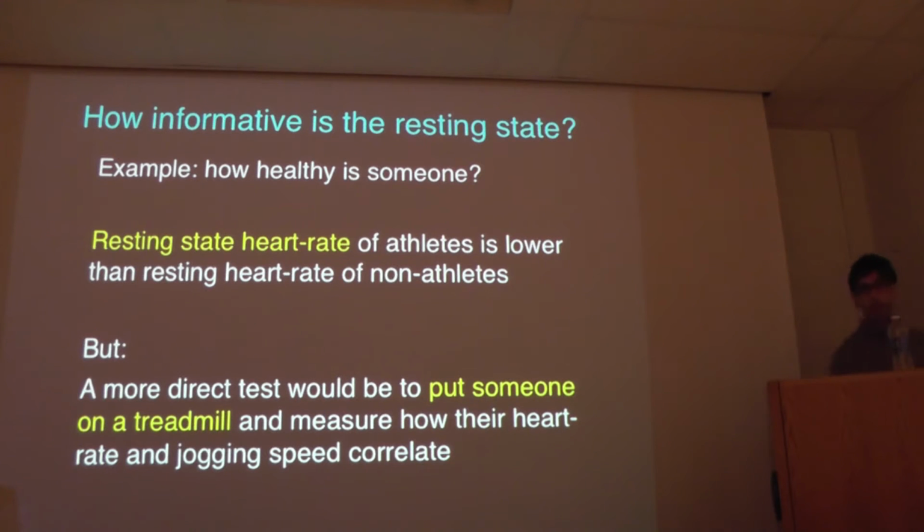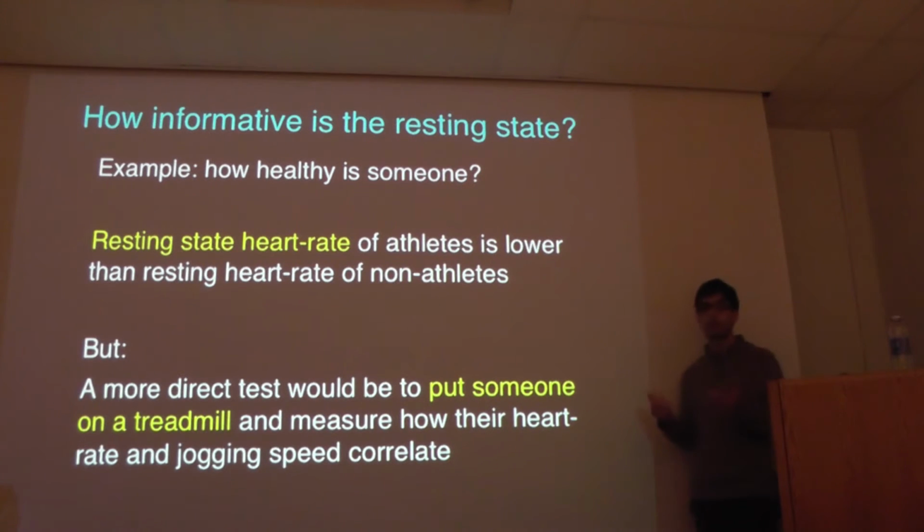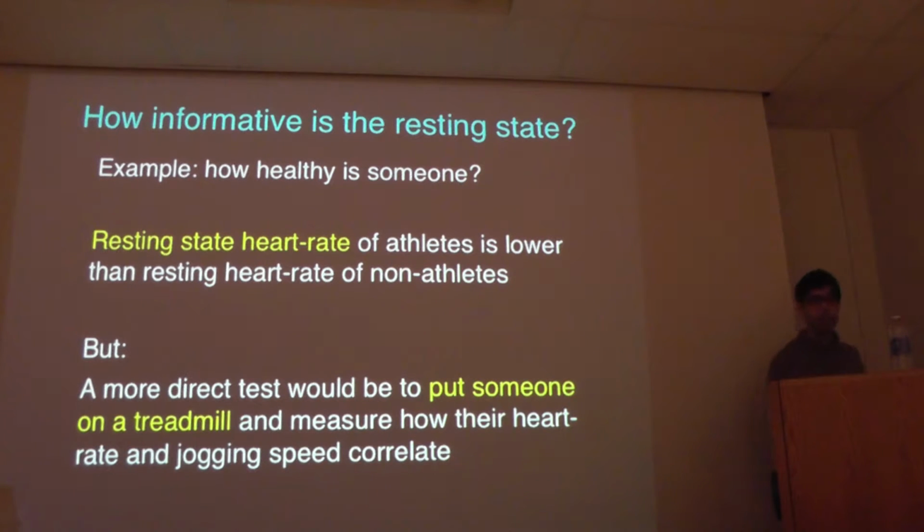Your average person who's not especially athletic, like me, has a heart rate of, I don't know what the average is, 85 beats a minute or something. People used to give the example of Lance Armstrong. I guess they don't give this example anymore. But a really, really healthy person might have a resting state heart rate of 60 beats a minute. I don't know what the numbers are, but it's lower. So if you want to see how healthy and athletic someone is, looking at their resting state heart rate is not a terrible measure.